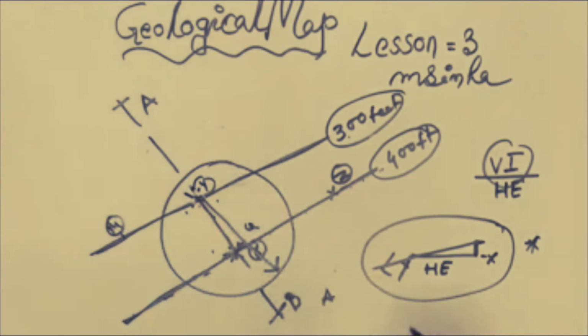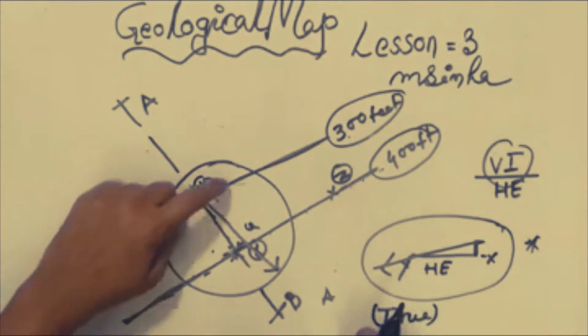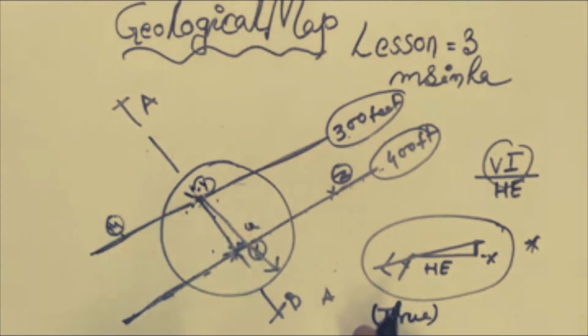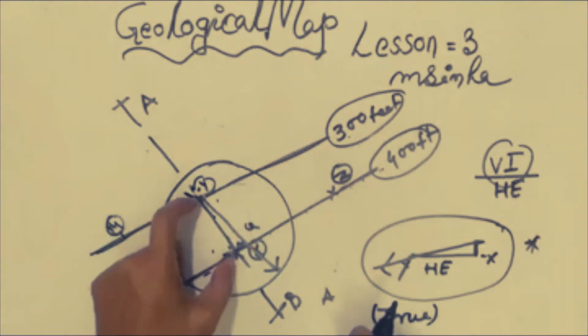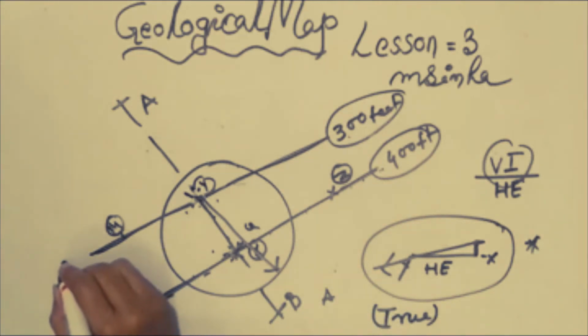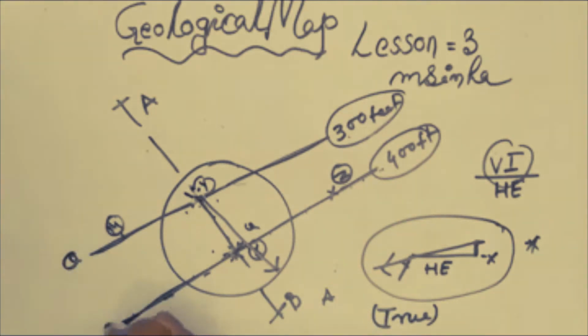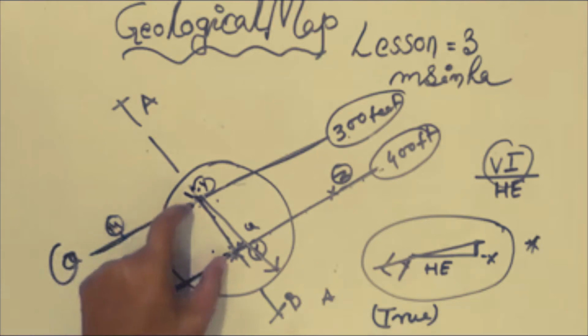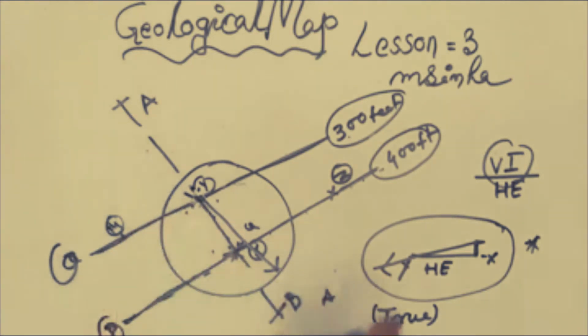That dip is the true dip, because this one is 90 degrees. This is the minimum distance. This is the width, the minimum width, the perfect width, the true width in between strike line O and strike line P. This is the horizontal equivalent.